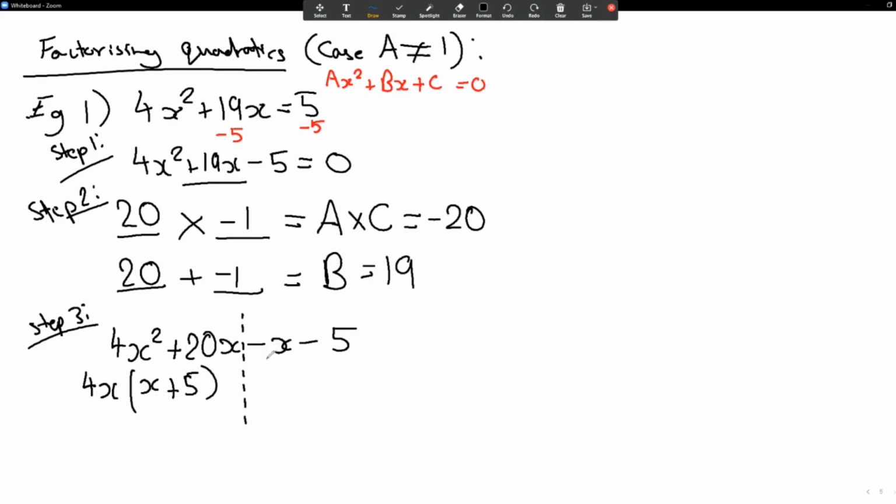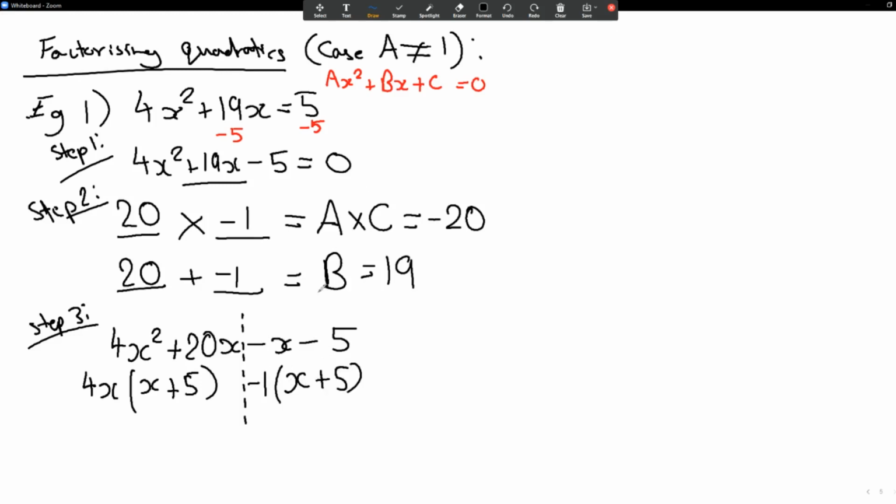Well, some people struggle with this, but you need to realize that you can also divide by minus 1. So you can take out minus 1. And that means we'll be dividing each term by a negative. And when you divide a negative by a negative, you get a positive. So minus x divided by minus 1 is x. And minus 5 divided by minus 1 is plus 5.